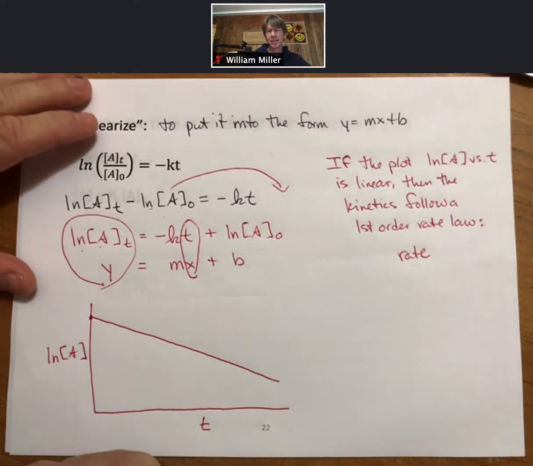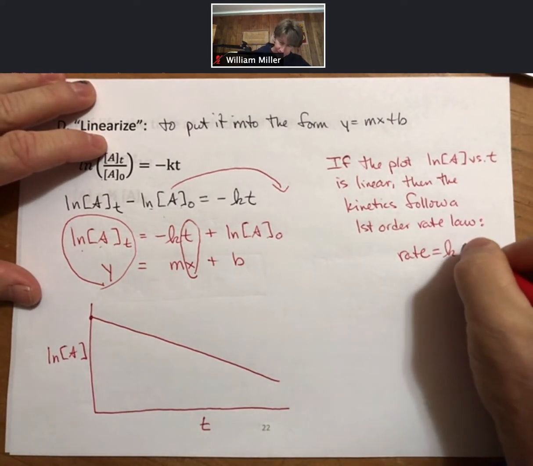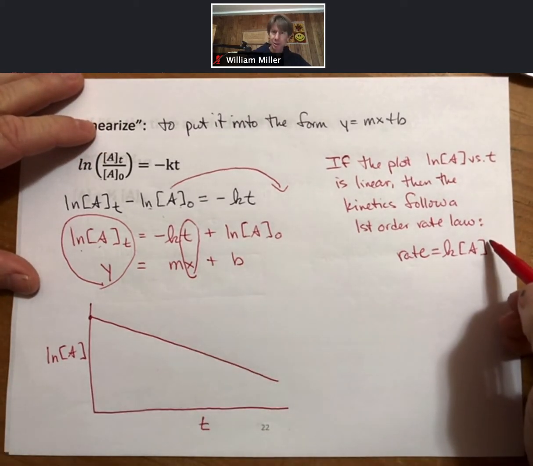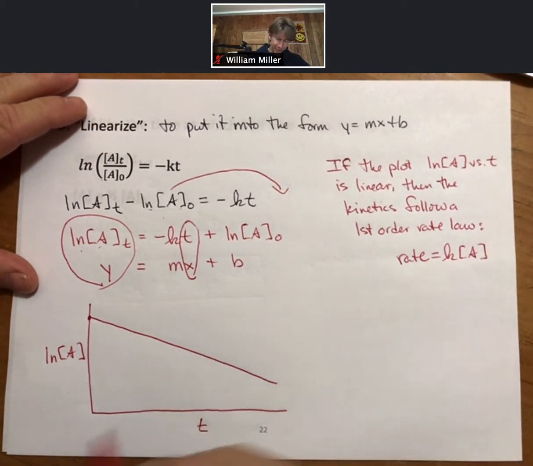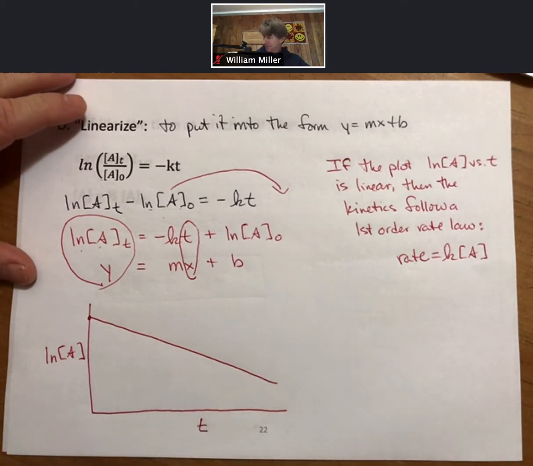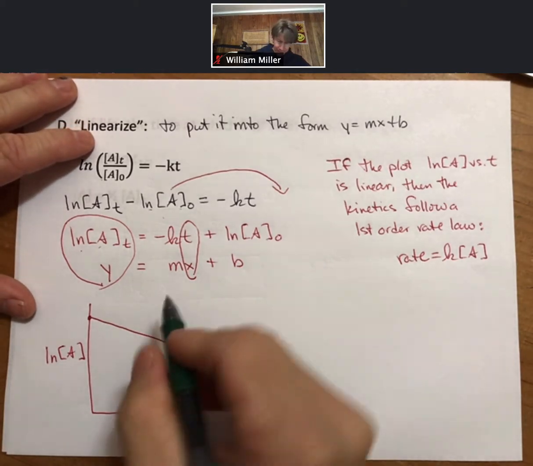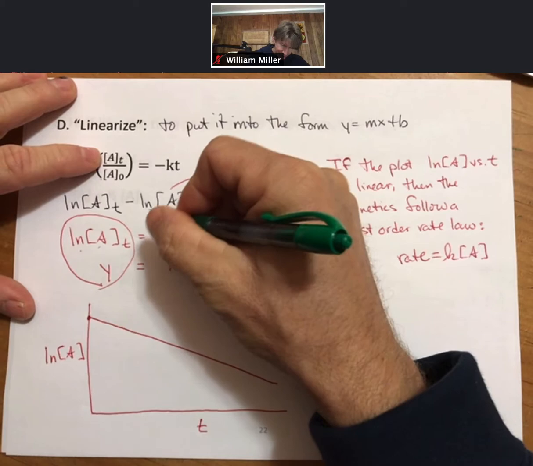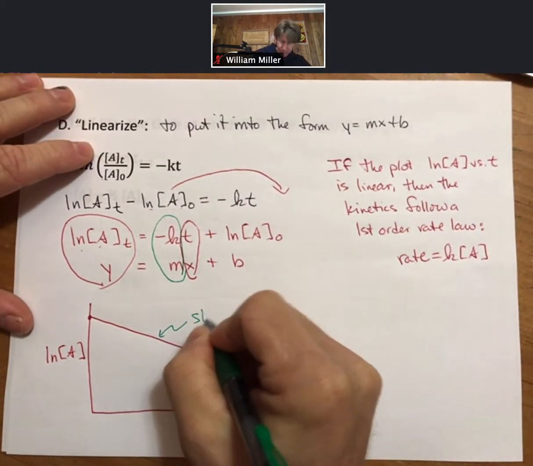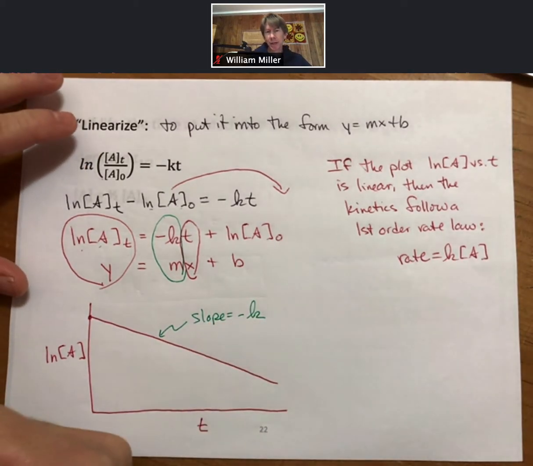And as we've seen, a first order rate law says rate equals k times concentration of A to the first power, but the 1 doesn't have to be written. Okay? And additionally, if I now make some other assignments, the slope of this line is the negative of the rate constant.